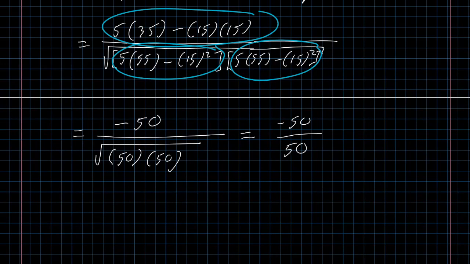The square root of 50 times 50 is 50, and negative 50 divided by 50 is negative 1. All right, this is a perfect negative correlation. It doesn't get larger than this, so we know that this is going to be statistically significant. But it feels a little bit weird.